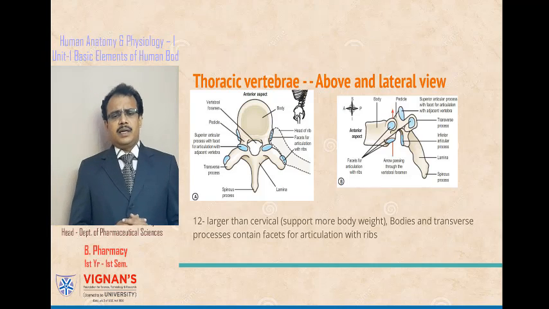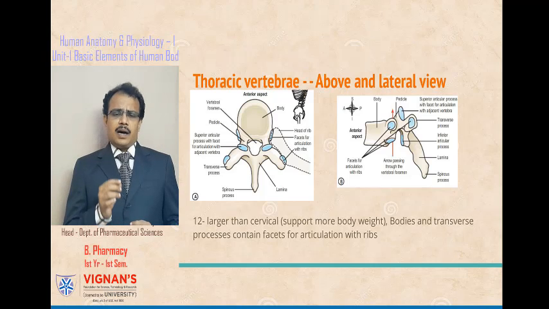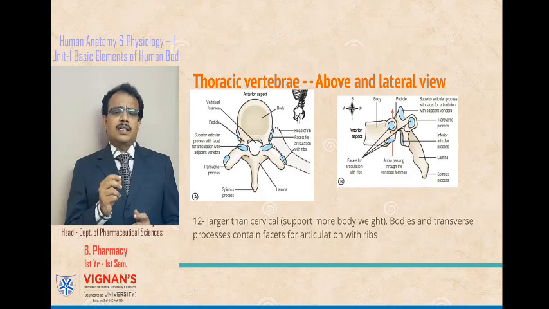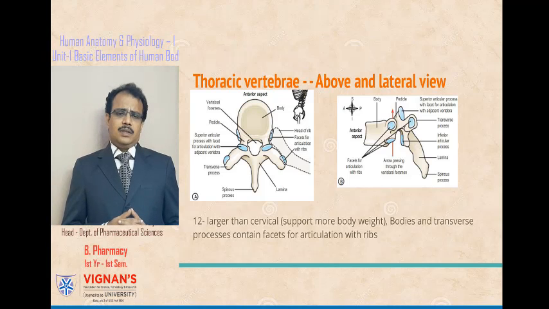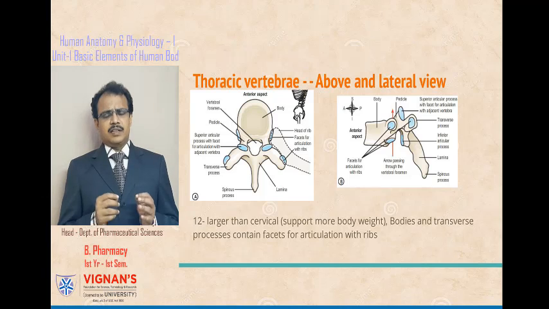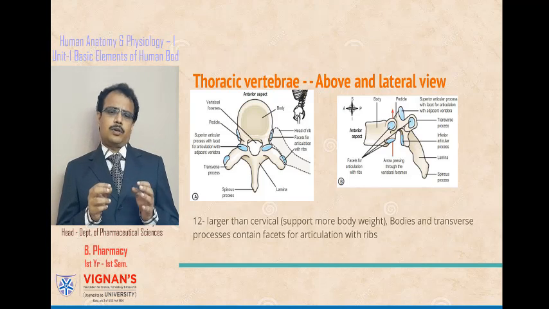And this vertebrae also have articulating surfaces, means both the body and also the transverse process will have facets for articulation with the ribs. Since the ribs are attached to the thoracic vertebrae, they should have a region for attachment, and this region for attachment is nothing but the facets of body and transverse process.